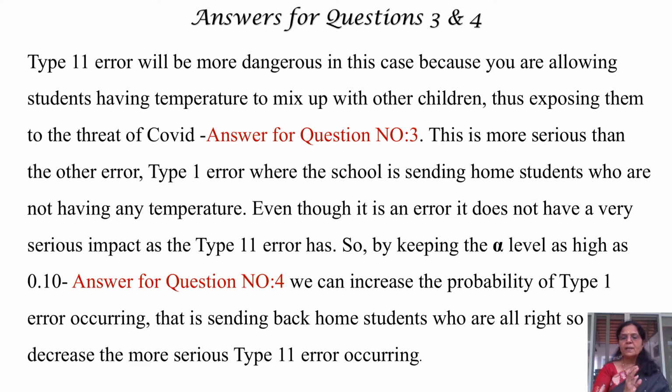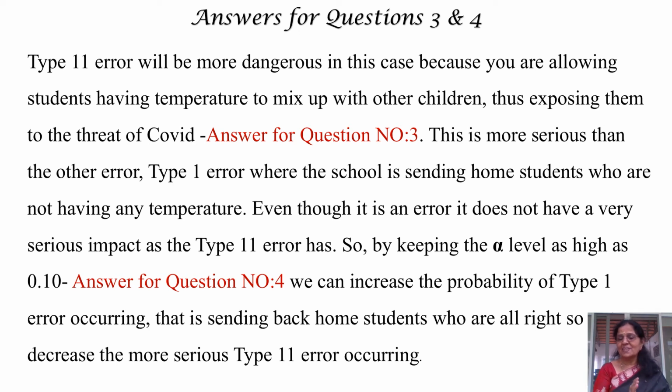So by keeping the alpha level the highest of all the possibilities, among options A, B, C, D, I think 0.10 is option D, if I remember correctly. You go and check it, but the correct answer is 0.10.